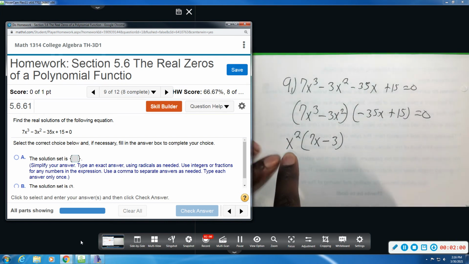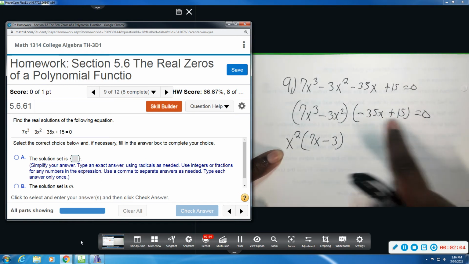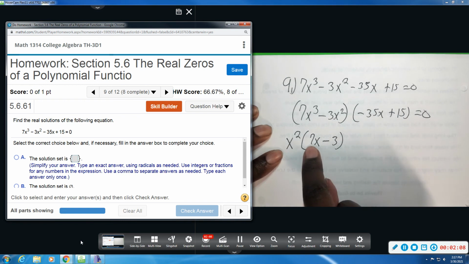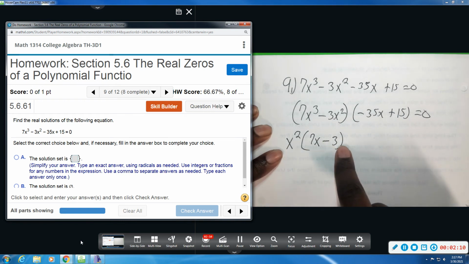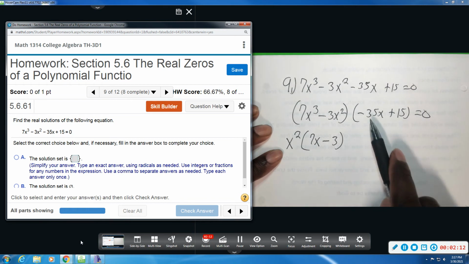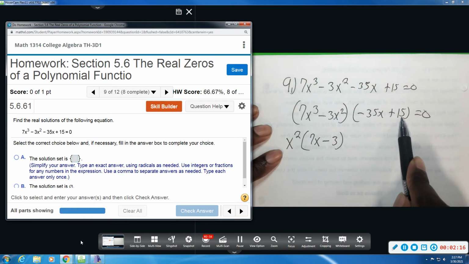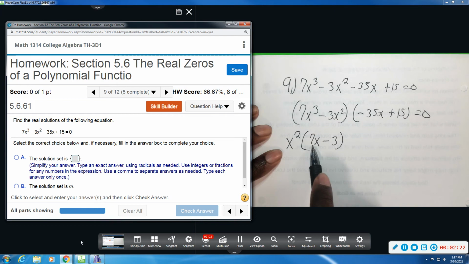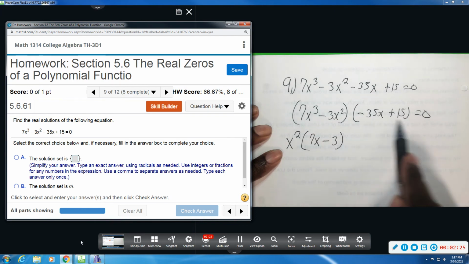Now, if factor by grouping is going to work, I need to factor something out of these so that whatever's left remains the same, 7x minus 3. So if you look at these 2 terms, both numbers are divisible by 5. If I want my front term to be positive like this one, kind of looking ahead, I need to divide negative 5.